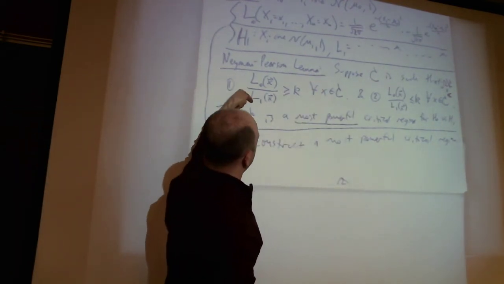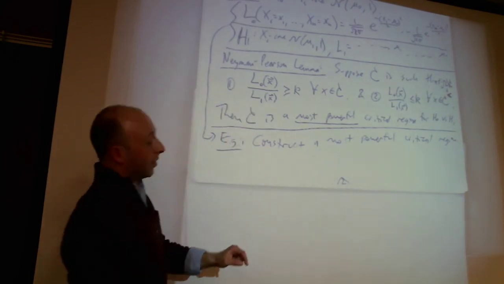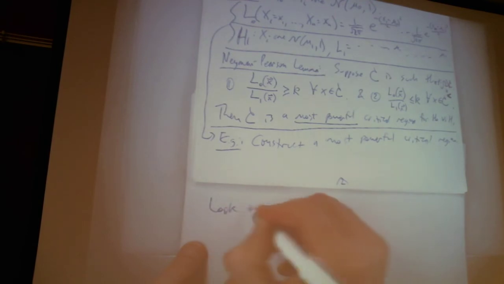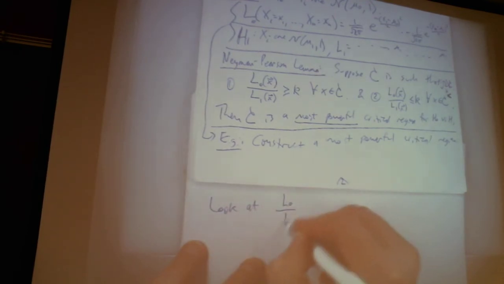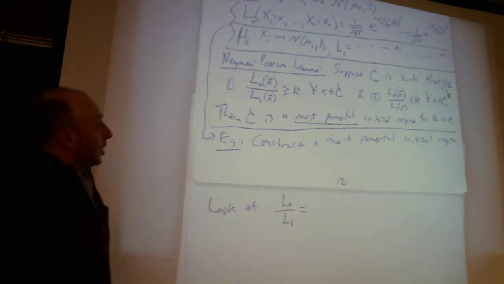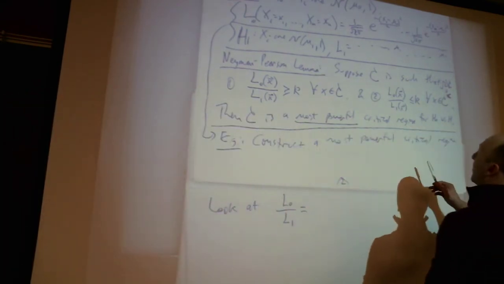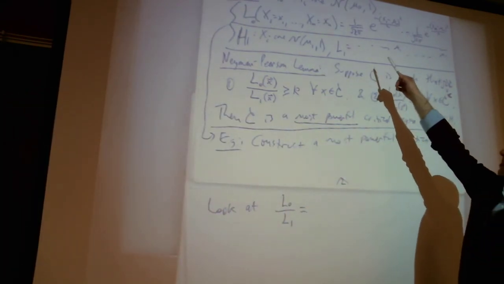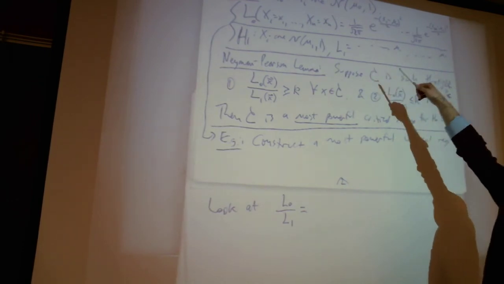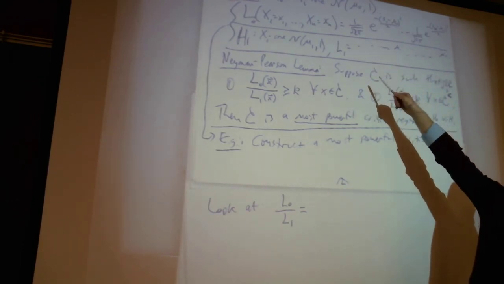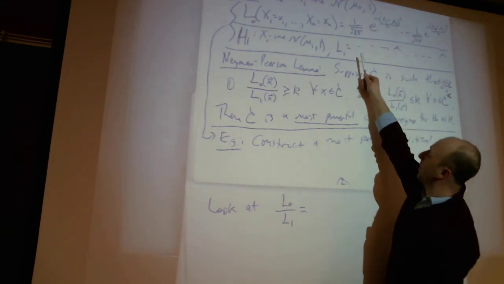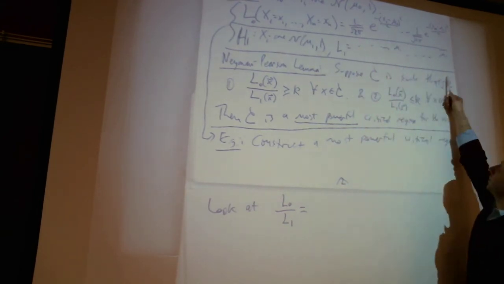The Neyman-Pearson lemma says take this ratio. So look at L0 divided by L1. What will happen when we look at L0 divided by L1? The constants, these root 2 pi's, cancel. There's one here, there's one there. I'm taking the ratio of these two things.